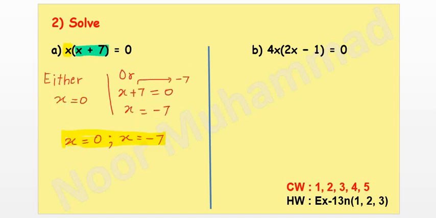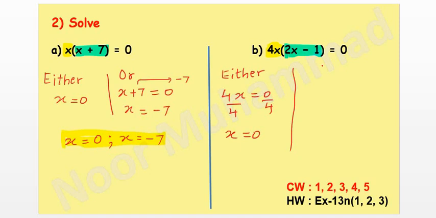Now in this B part, again we have two factors. This is the first factor and this one is the second factor. So one by one we will say either our first factor is 0, that is 4x is equal to 0, and you will divide each side by 4 to get the value of x. So finally you will get x equals 0. Or the second factor, the blue one, so 2x minus 1 is 0.